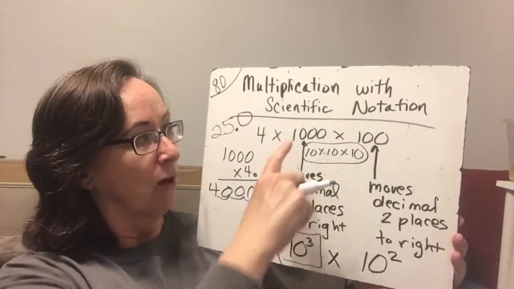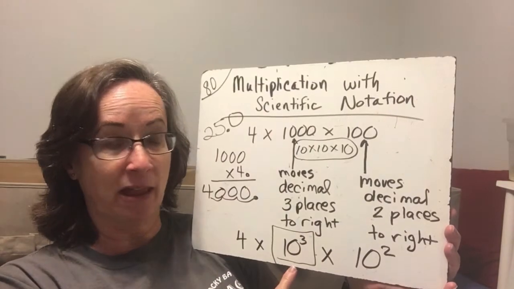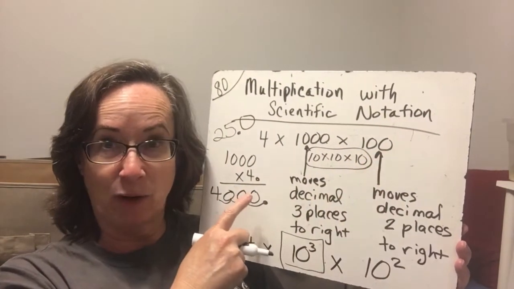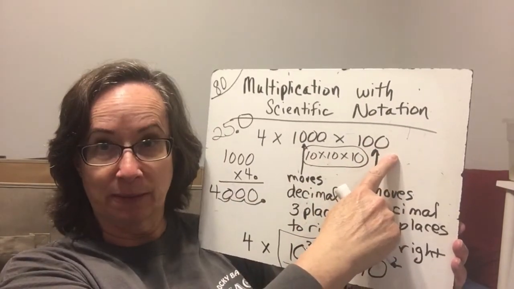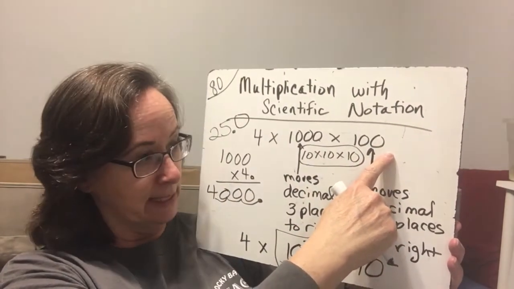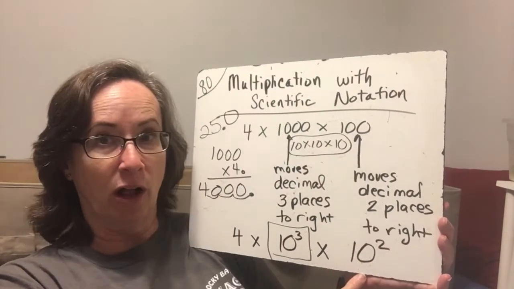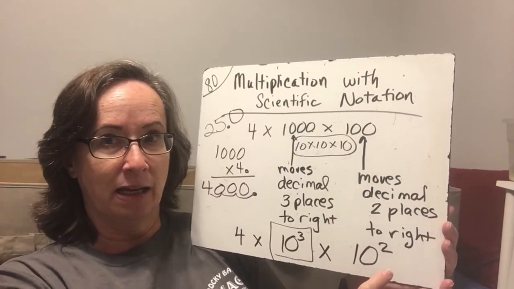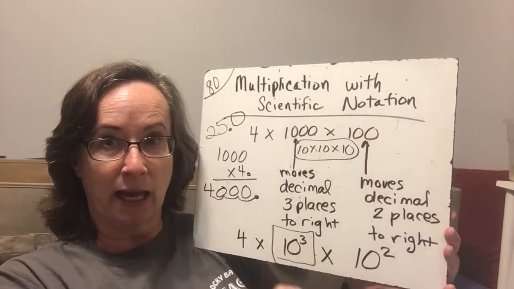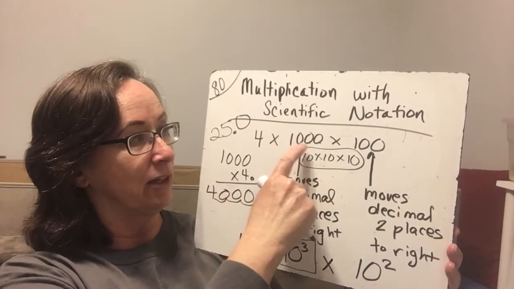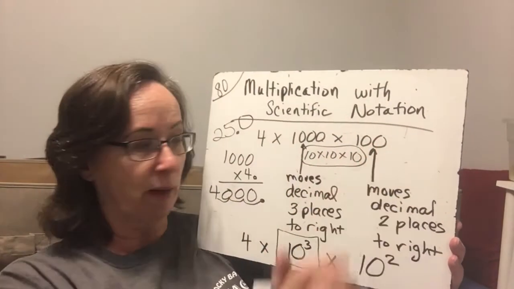All right, so 1,000 is the same as 10 to the third, and 100, in the same way, would move the decimal 2 places to the right, and we could call 10 squared the same as the 100. So we could write this 4 times 10 cubed times 10 squared.